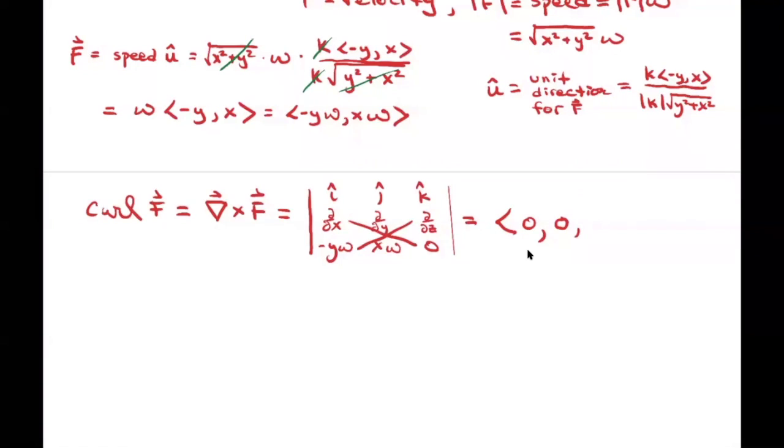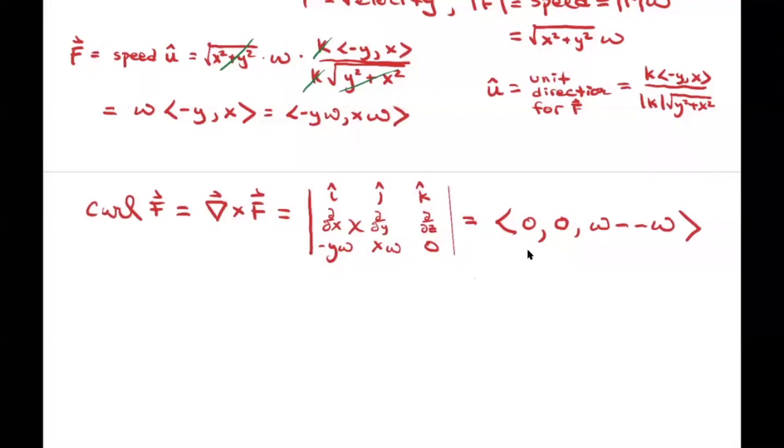And for the k component, partial of x omega with respect to x is omega, minus partial of negative y omega with respect to y is negative omega, so there's a double negative, and you get 2 omega.